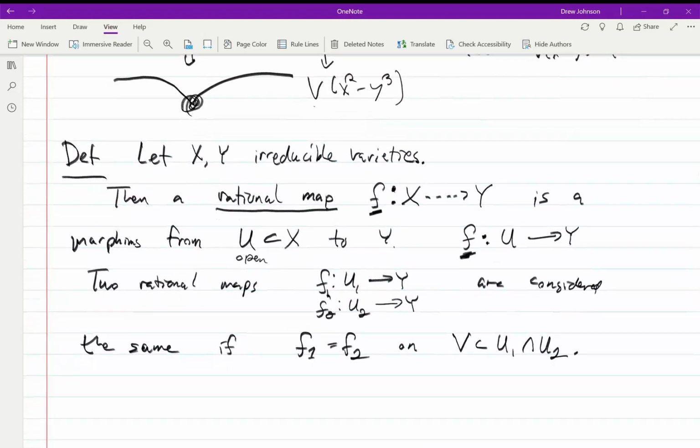This actually does give an equivalence relation, so you can think of a rational map as an equivalence class of maps on these open subsets of X.